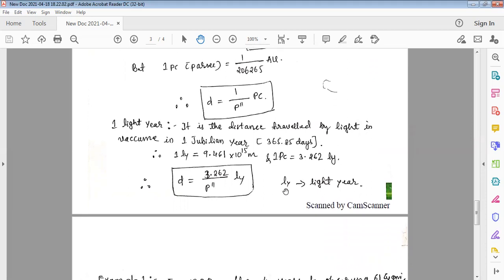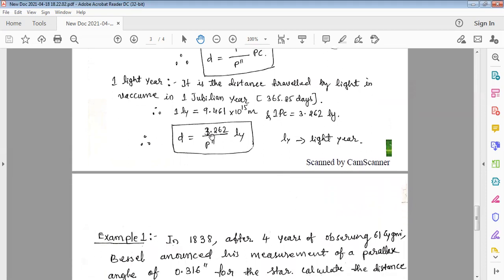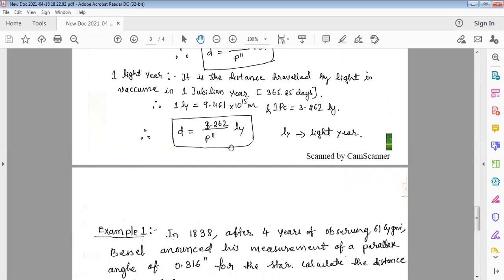So 1 light year is equal to 9.461 times 10 to the power 15 meters, and 1 parsec is equal to 3.262 light years. So our equation can be written as d is equal to 3.262 divided by the parallax angle, in terms of light years.